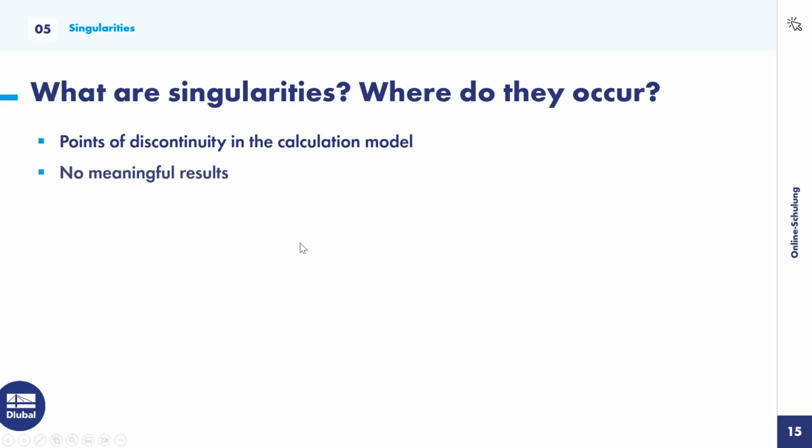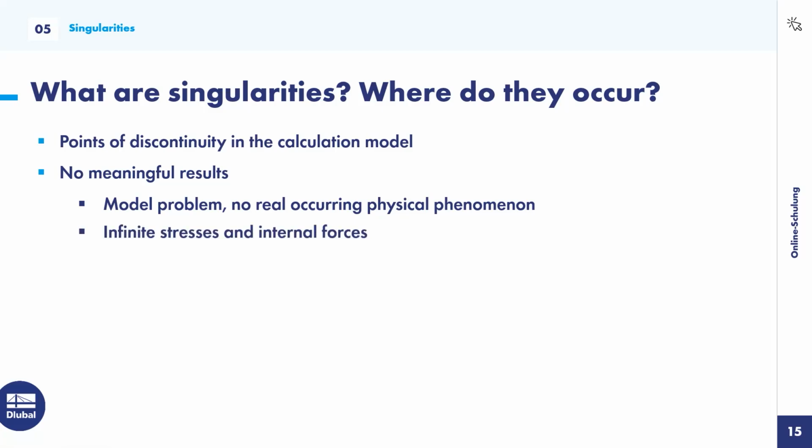The problem is they deliver no meaningful results. It's a model problem and it's not a physical problem that really occurs on site. We will get infinite stresses and infinite internal forces.